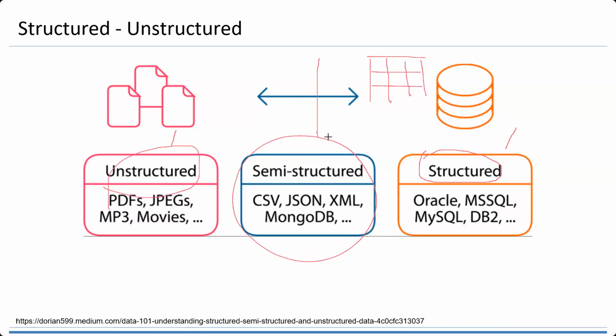So it is in the middle. For example, semi-structured data can be like the data in CSV, which we will see later. JSON, XML. So what are they? We will learn a little bit later.